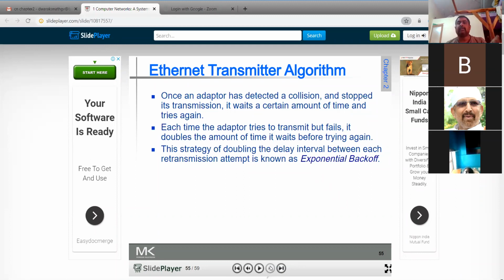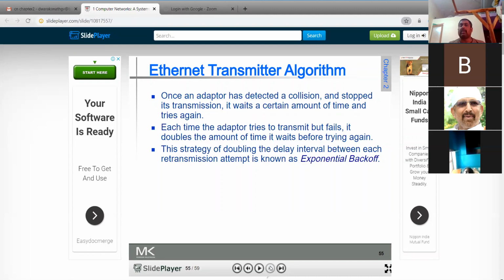The waiting time is doubled, it will wait double the previous time. Again, if it feels the link is idle, it will send again. Assume the third time a frame collision also occurs, then it doubles again, waits for that amount of time, and then retransmits.